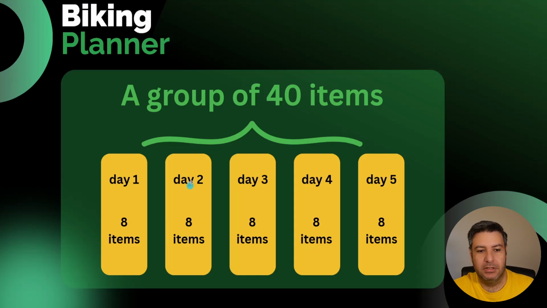For example, for day 2, we have 8 items. Each item has its own temperature. We are going to sum all of the temperatures and divide them by 8 to have the average temperature of day 2. And we are going to do this for all of the days and all of the factors.